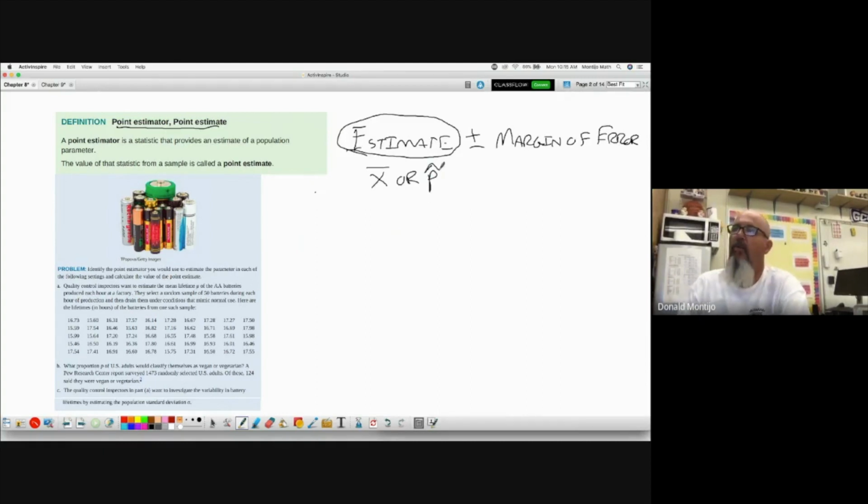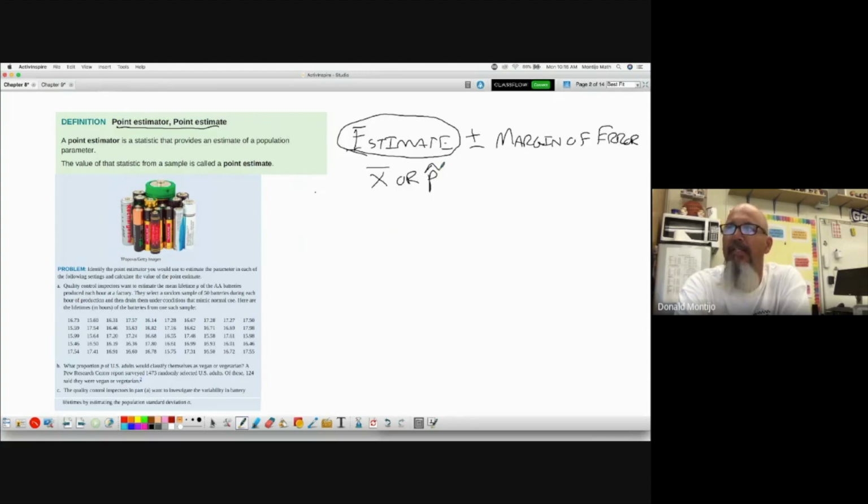Because again, what are we trying to do? We're trying to use the sample statistic X bar or P hat to estimate the population parameter mu or P. So the point estimate is going to be the statistic that we calculate from our sample of data.